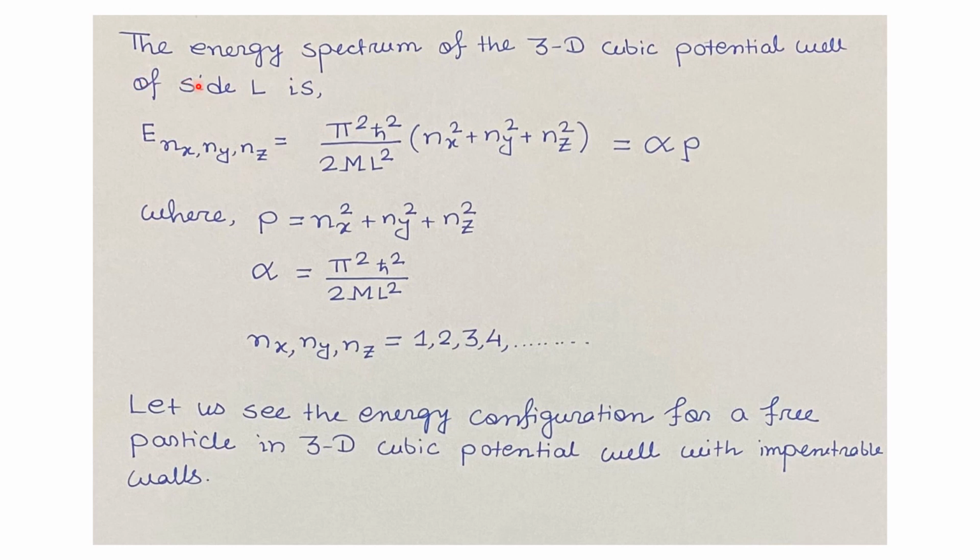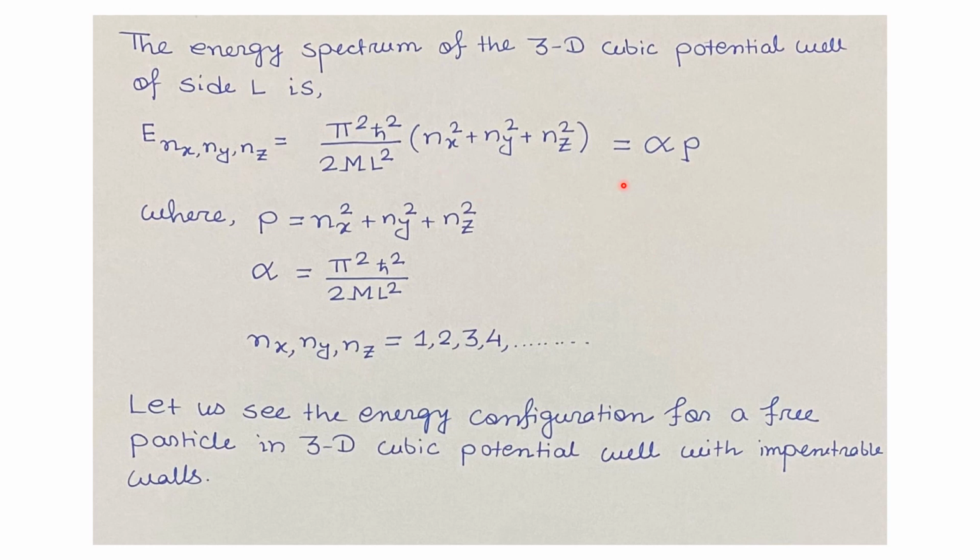We know the energy spectrum of the 3-dimensional cubic potential well of side capital L is E nx ny nz equals pi square h cut square divided by 2 capital M capital L square times nx square plus ny square plus nz square. Here h cut is the reduced Planck constant, capital M is the mass of the particle, L is the side of the well, and nx, ny and nz denote the 3 quantum numbers for this problem.